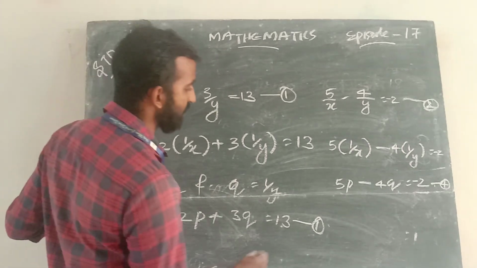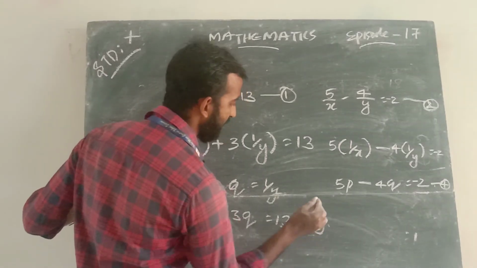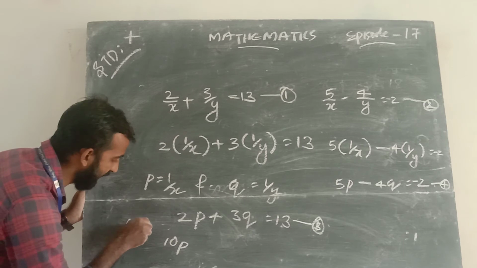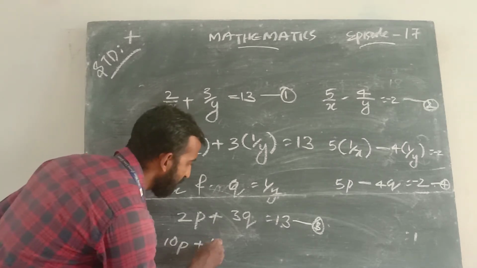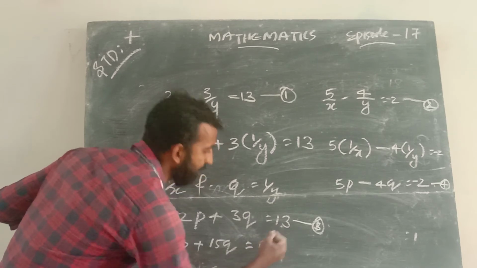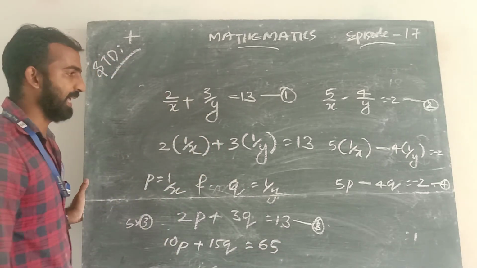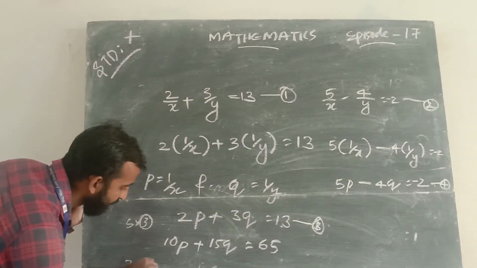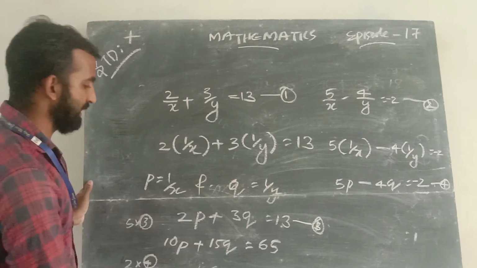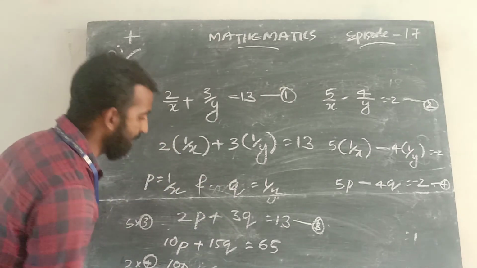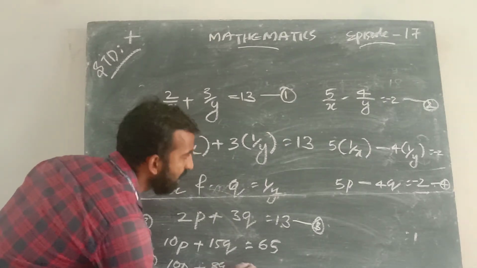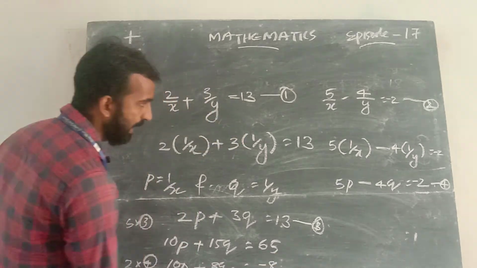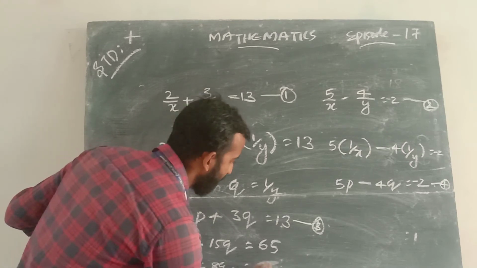When we multiply equation number 3 by 5, we get 10p plus 15q equal to 150. Sorry, when we multiply equation number 4 by 2, we get 10p minus 8q equal to minus 4.